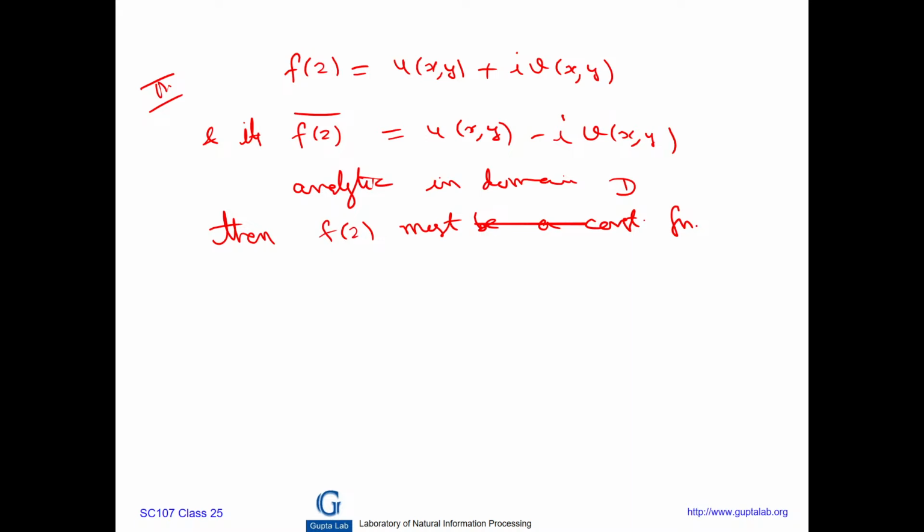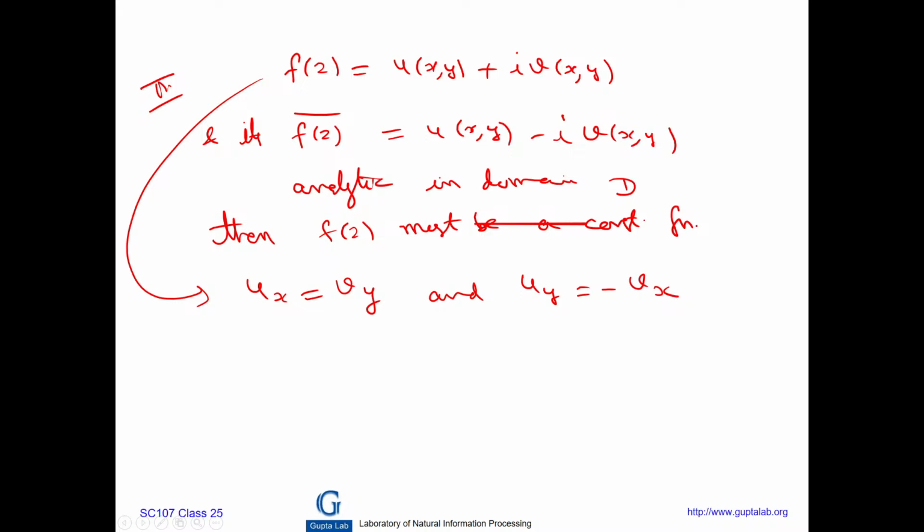From the first one we will have ∂u/∂x = ∂v/∂y and ∂u/∂y = −∂v/∂x, right?